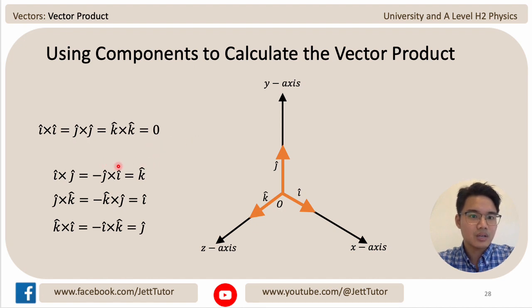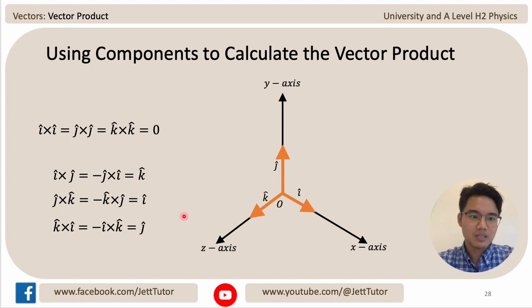But for i cross j, the angle between them is 90 degrees. So when you use the right-hand rule, put the four fingers toward the i direction and then wrap them around to the j direction. The thumb ends up in the k direction.